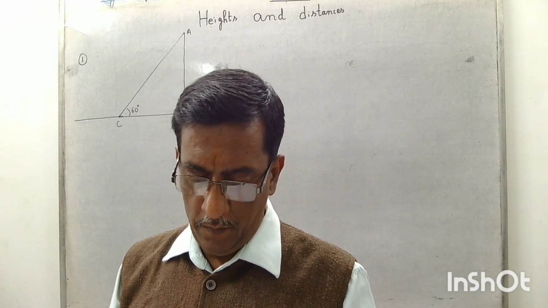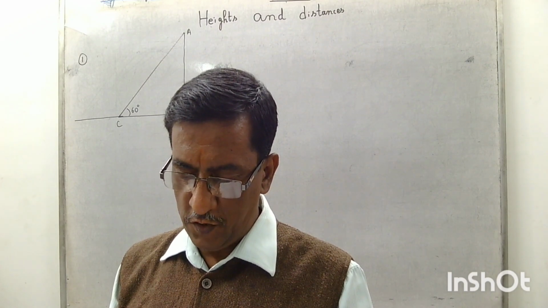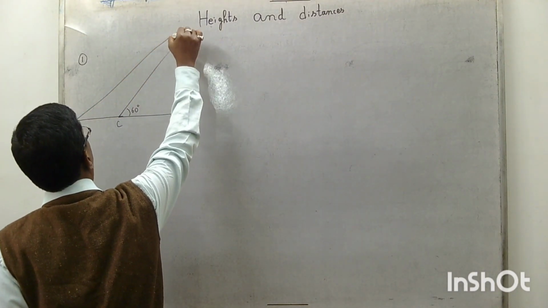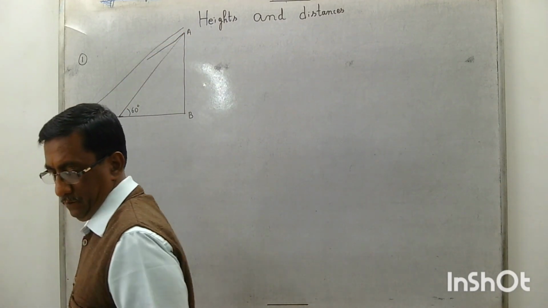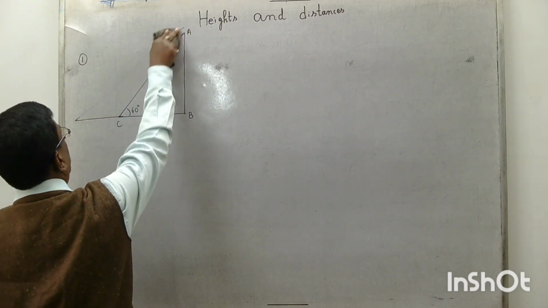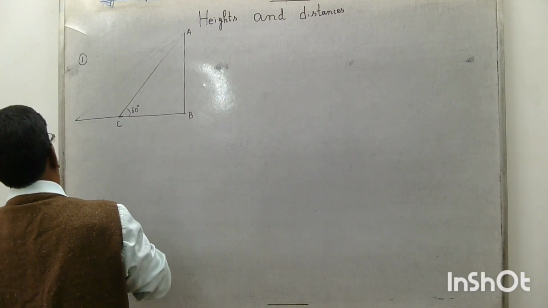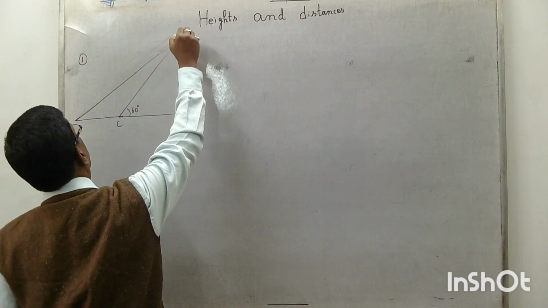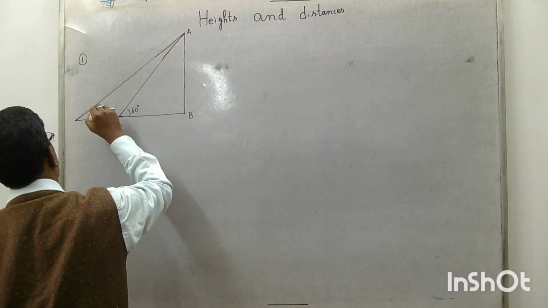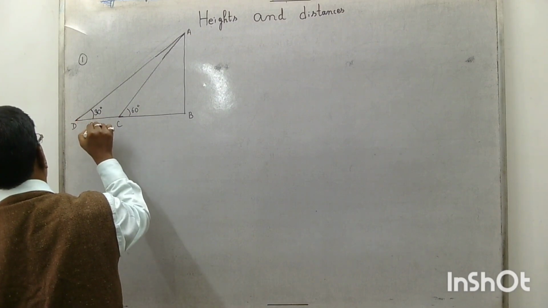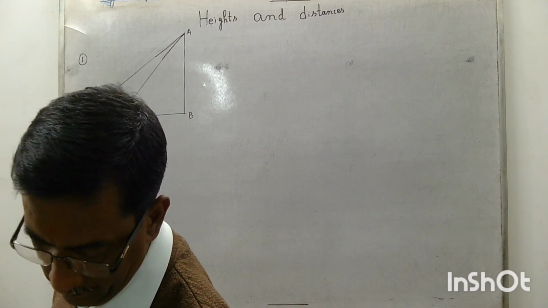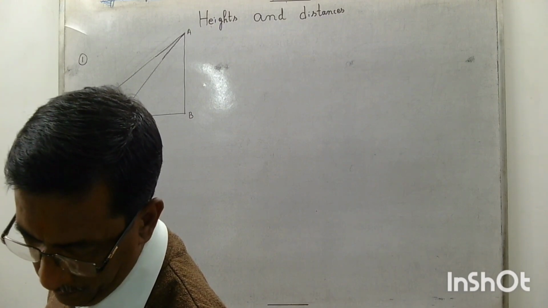From a point 20 meters away from this point on the same bank, the angle of elevation of the top of the tower is 30 degree. Find the height of the tower and the width of the river.